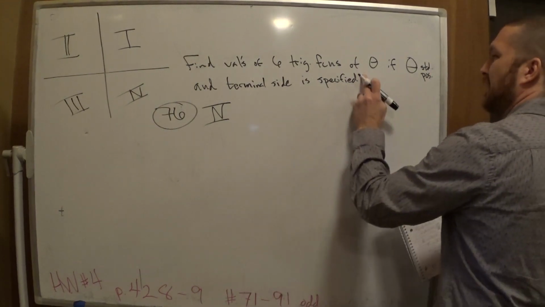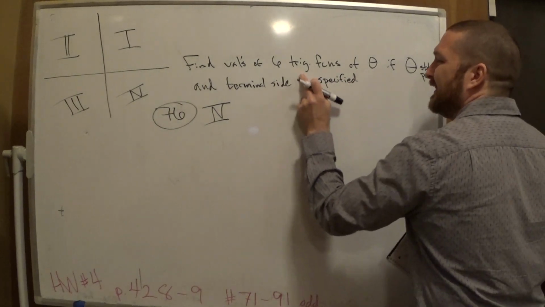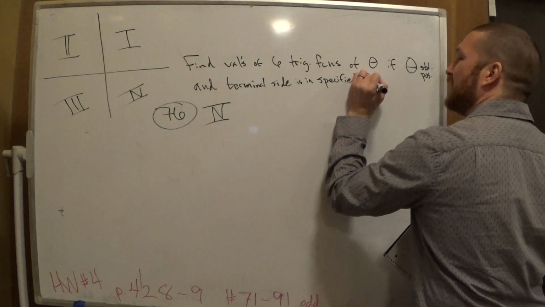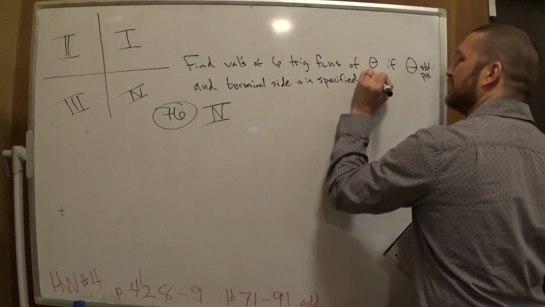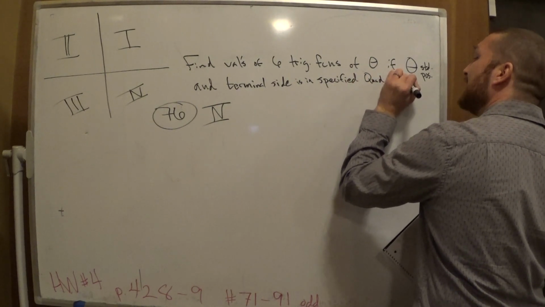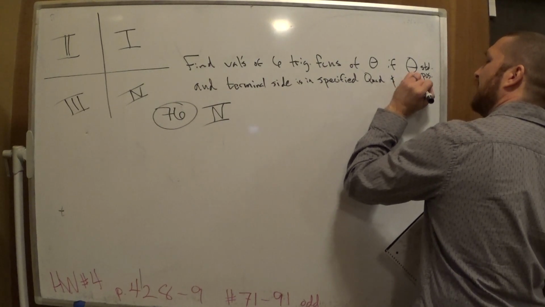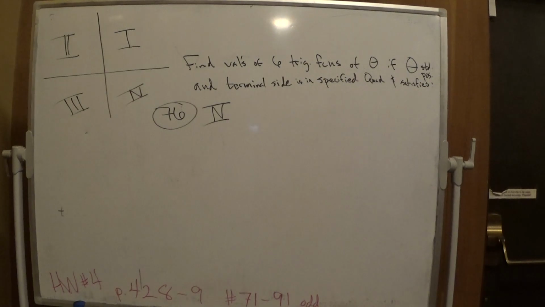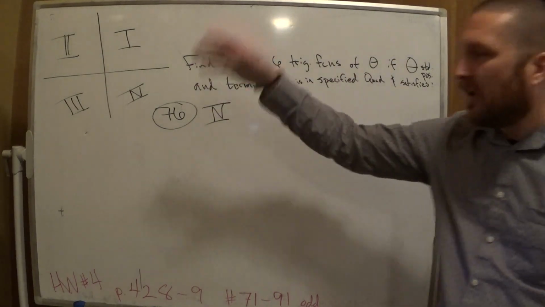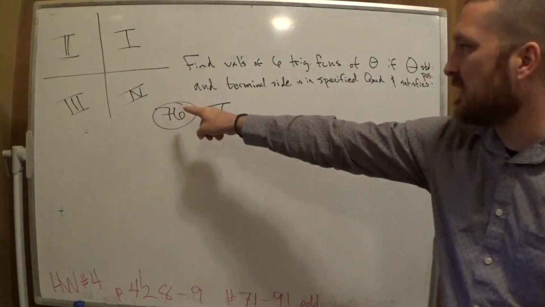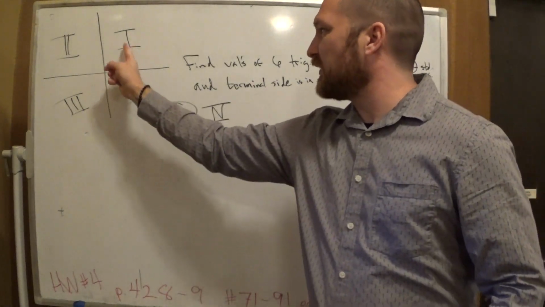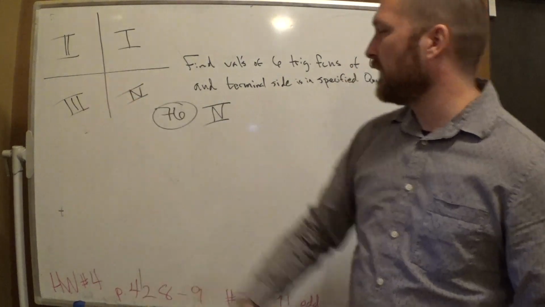It's in the specified quadrant and satisfies the following. Okay, so it's in the specified quadrant. It's in quadrant 4. So immediately I'm thinking there's some line sticking out here in quadrant 4, and we're measuring all the way around like that. Okay?